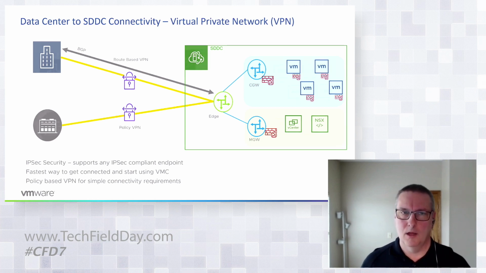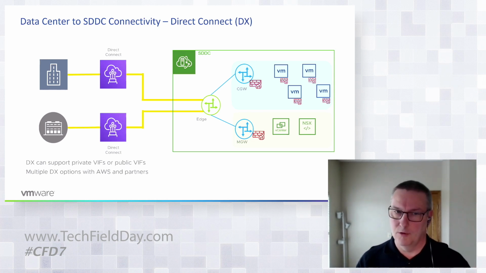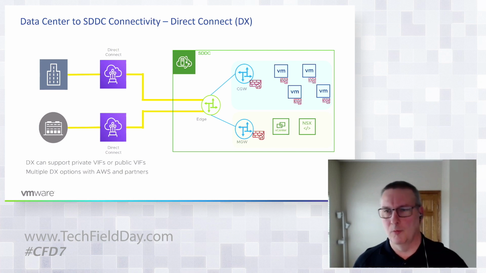Where a lot of our customers are transitioning to, and almost all of them start with VPN day one because they don't have Direct Connect (DX) in their environment today, is, especially as they consume more and are onboarded at a higher level, a feature through Amazon called Direct Connect, where you're connecting one of your routers to an Amazon router, and then it's a pipe into the software-defined data center.